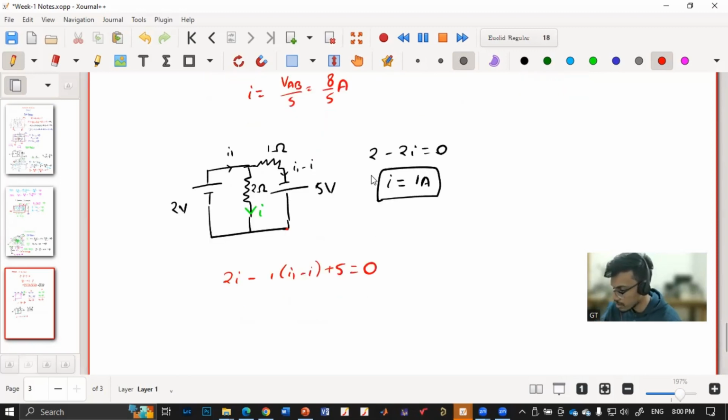Okay. Now I'll substitute I. So 2 minus I1 plus 1 plus 5 is equal to 0, which will give me I1 equal to 8 amperes.